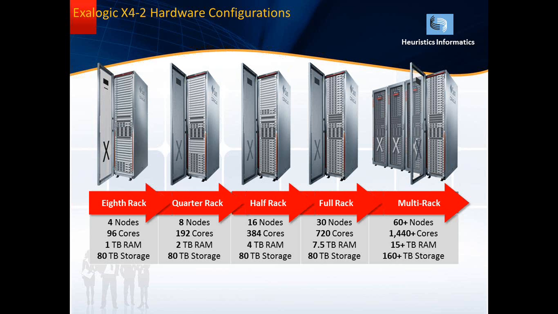For example, if I purchase an 8th rack and my business grows, I can add 4 more compute nodes to make it a quarter rack. If my business keeps growing, I can add more compute nodes to make it a half rack, to meet the business demands. So I can increase the rack configuration and come up with a full rack. If it is a full rack, I cannot add any more components to the existing configuration.